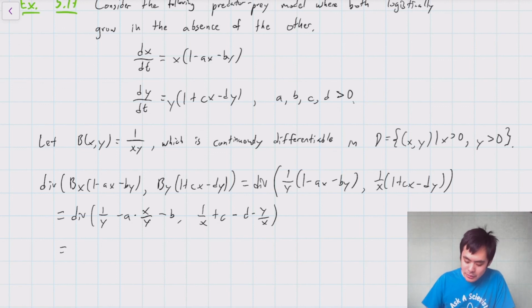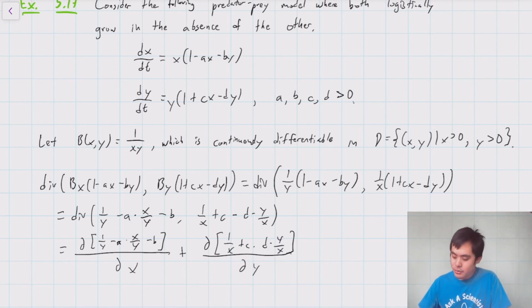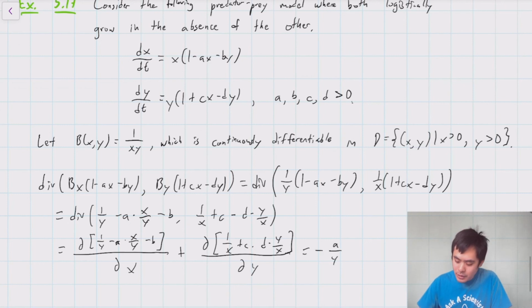And the divergence by definition is the partial derivative of the first quantity, 1 over y minus a times x over y minus b, with respect to x, plus the partial derivative of the second quantity, 1 over x plus c minus d times y over x, with respect to y, which is just equal to minus a over y minus d over x.